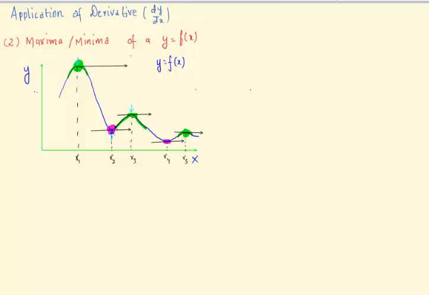Now let's try to summarize our understanding in a mathematical model to find maximas and minimas of a function. So given a function y equal to f(x), what you can do is find dy by dx, let's say that is f dash x, which is nothing but the differentiation of the expression f(x).